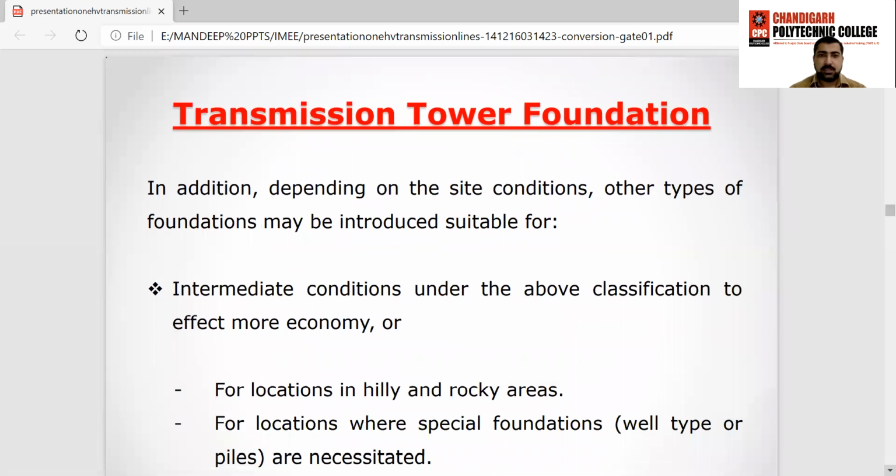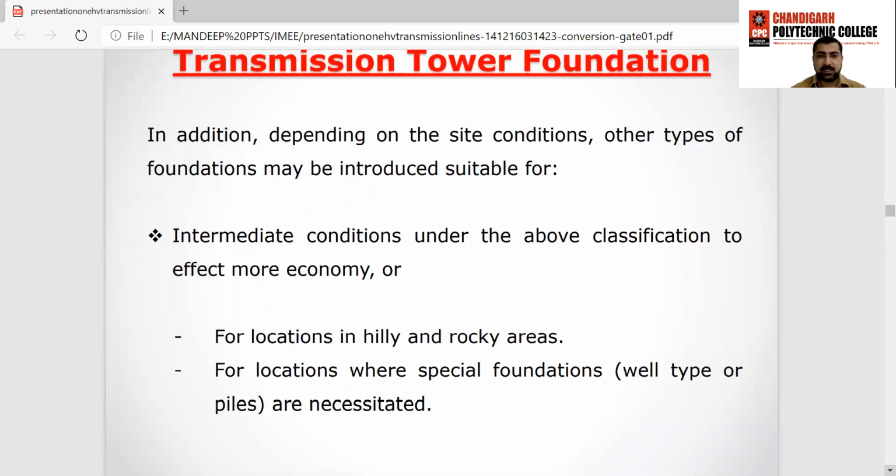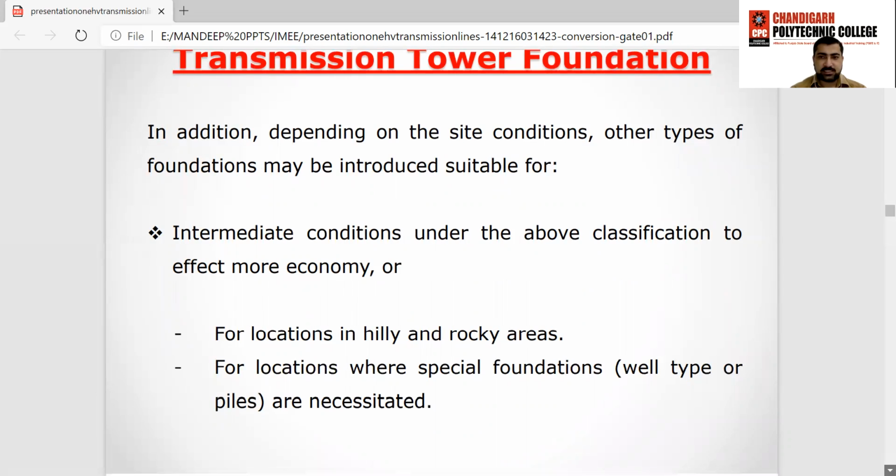In addition, depending on the site conditions, other types of foundations may be introduced, suitable for intermediate conditions under the above classification, to effect more economy, or for locations in hilly and rocky areas, or for locations where special foundations are necessary.